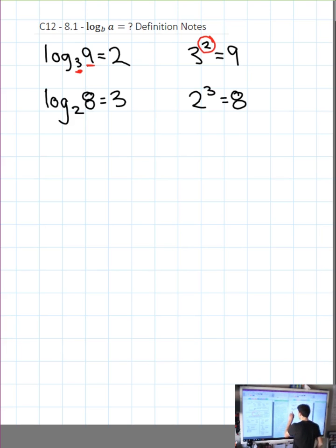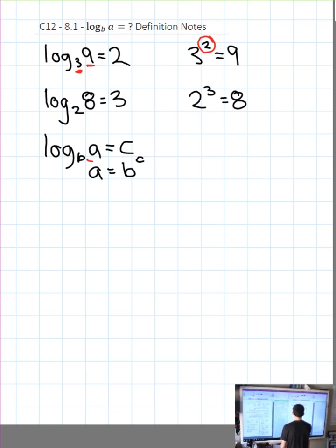So let's take a look at the general form. Log base b of a is equal to c. We know that we can change from log form to exponential form. We know a is equal to b to the exponent c.